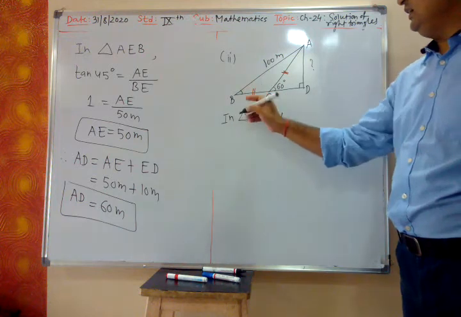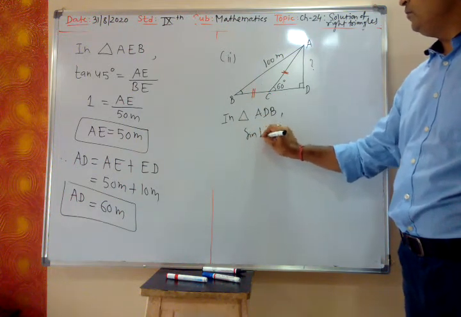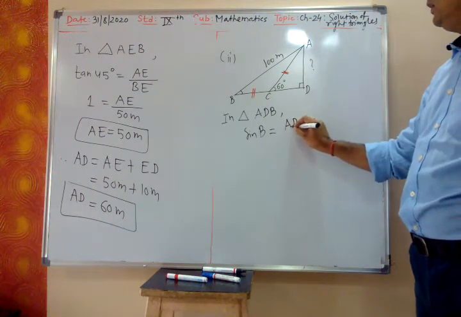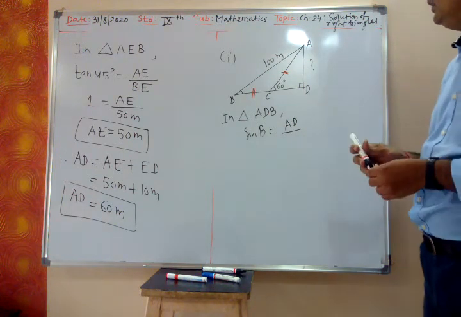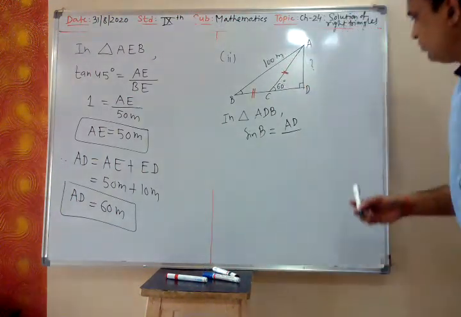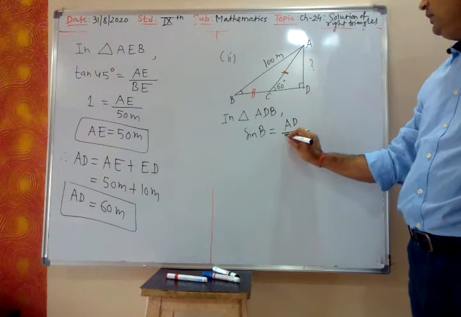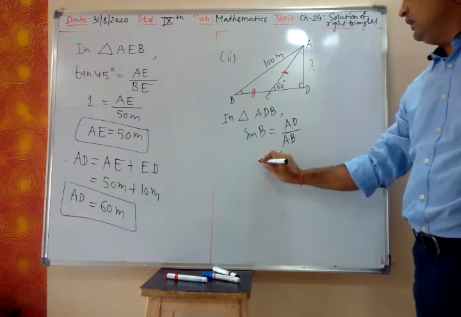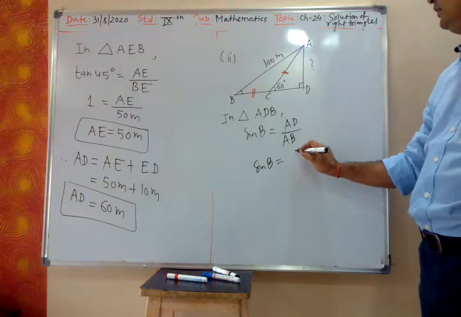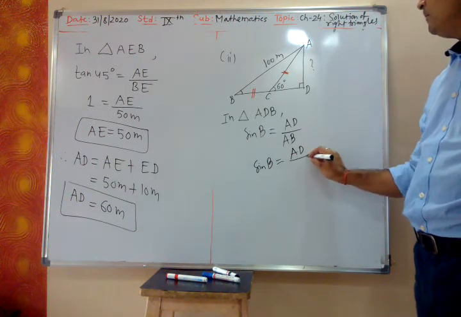So we consider sine. We write sine B is equal to opposite AD upon hypotenuse AB. So sine B is equal to AD upon AB.